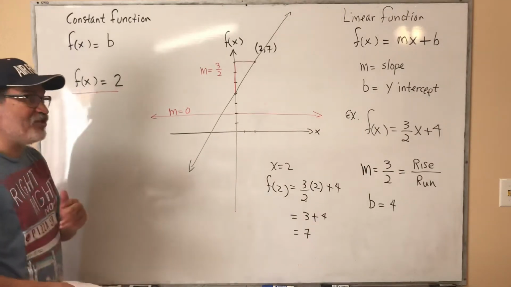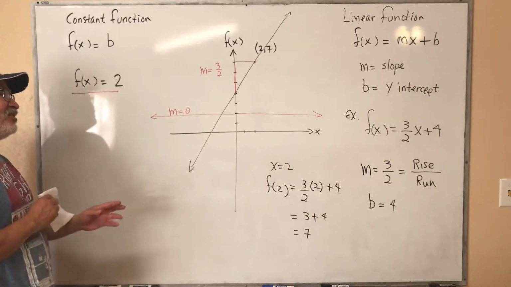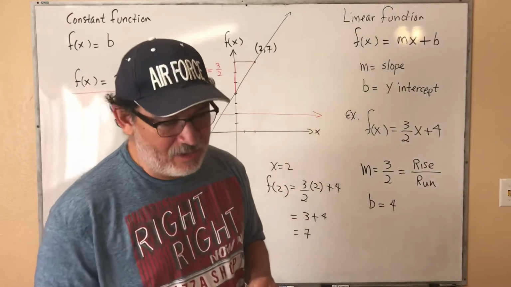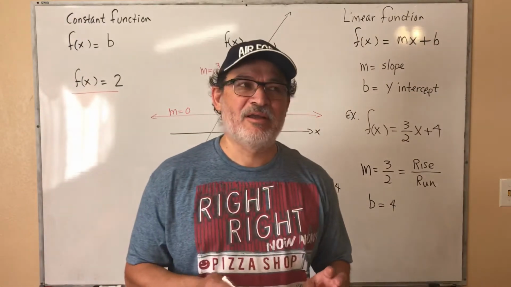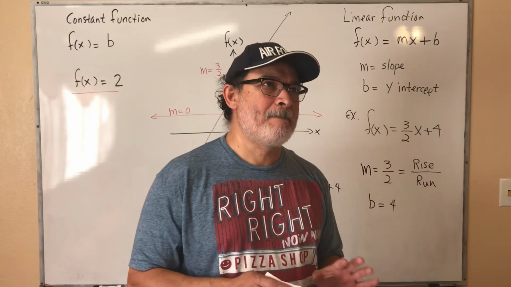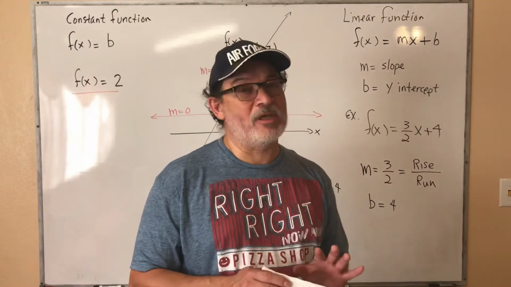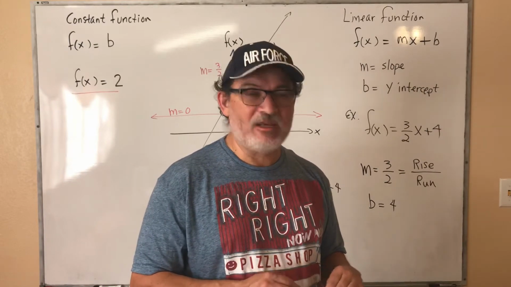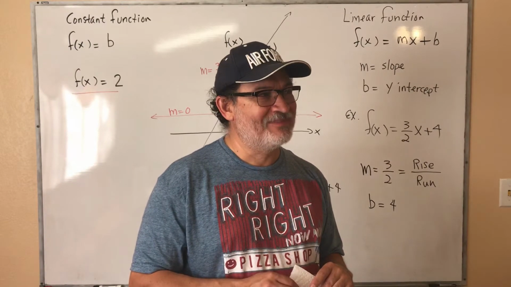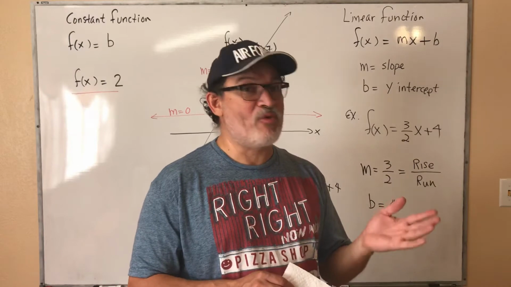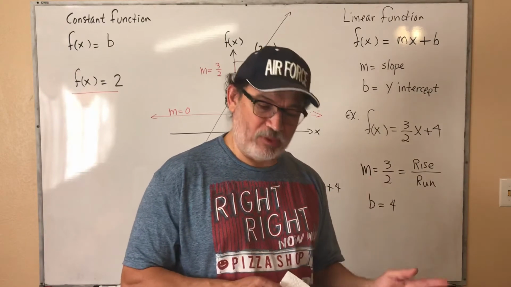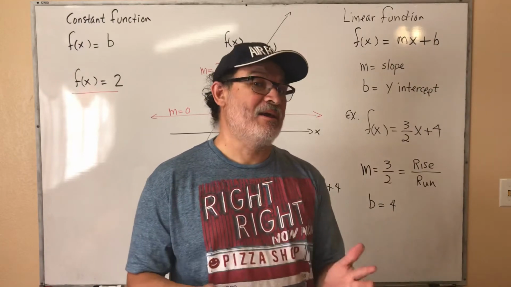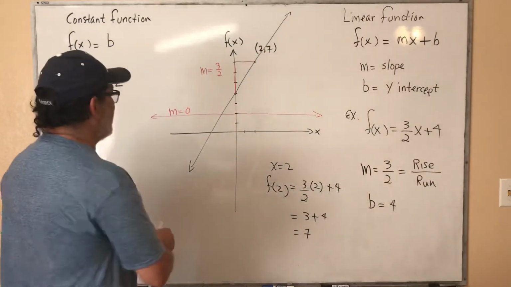Let me give you another linear function, and we're going to give you 2 points for this linear function. We're going to rise and we're going to run from those 2 points, and we have the slope of that line. Watch this. So I got to erase this now.